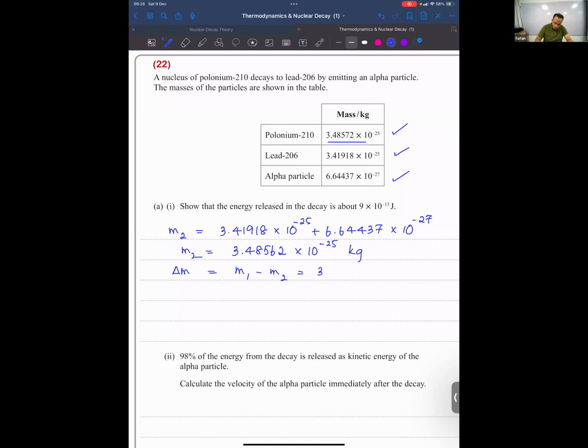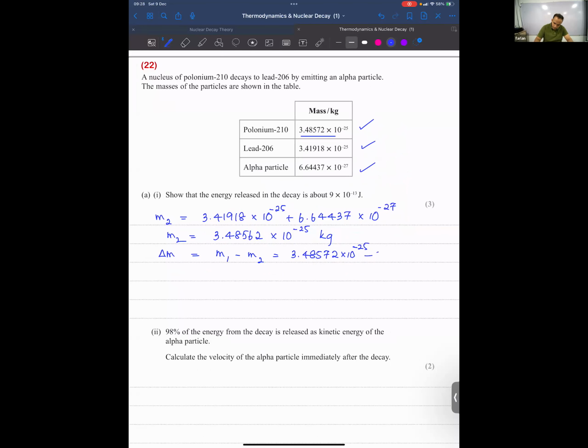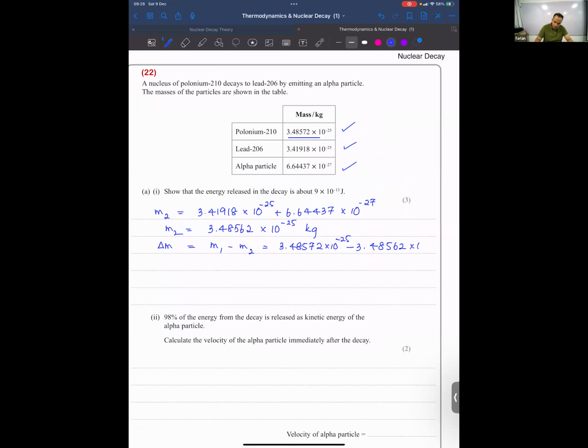M1 is 3.48572 into 10 to the power minus 25, minus 3.48562 into 10 to the power minus 25, which is a mass defect of 1 into 10 to the power minus 29 kilograms.